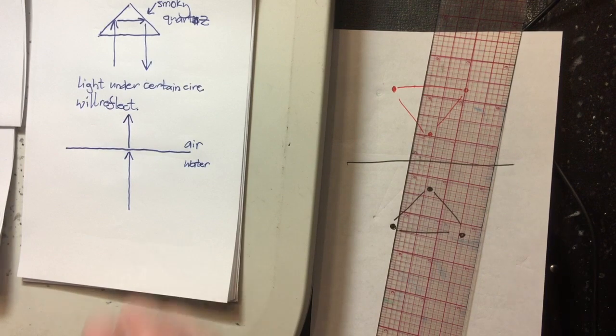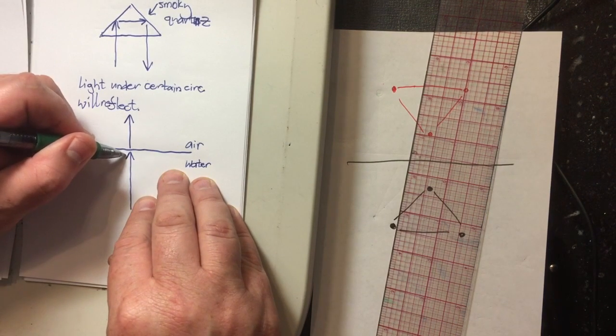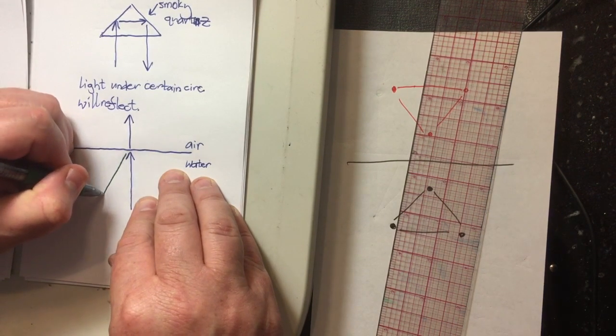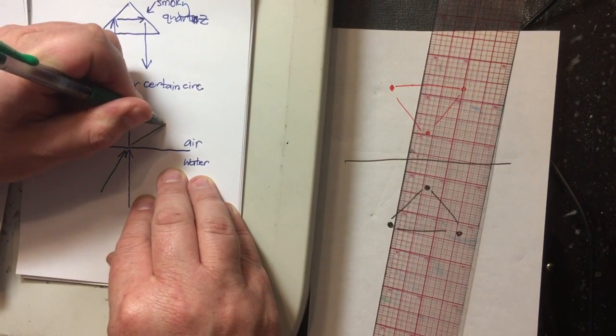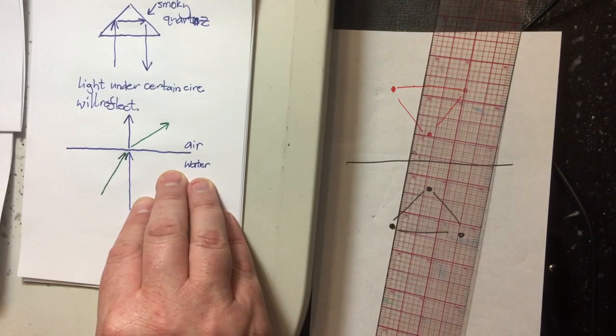If you move a particular angle over, that light will bend even more.